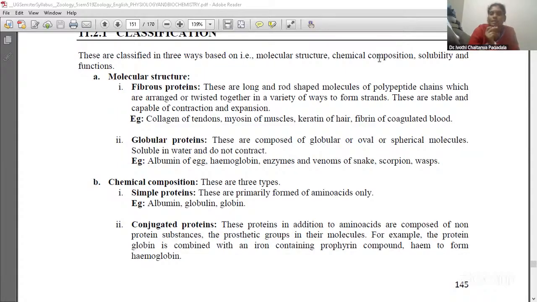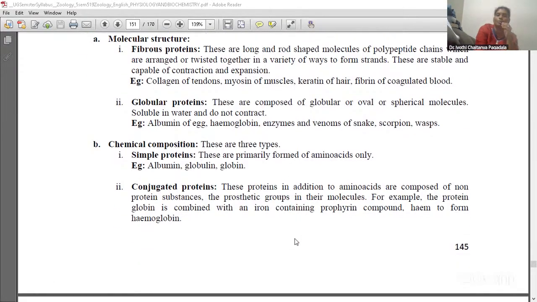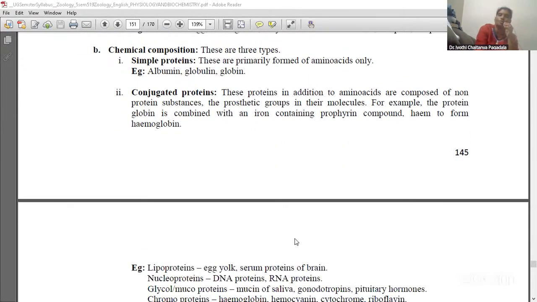For example, the protein globin is combined with the iron-containing porphyrin ring, the heme, to form hemoglobin. Here, the combination of the iron-containing porphyrin compound with the protein forms hemoglobin, which is an example of conjugated proteins.